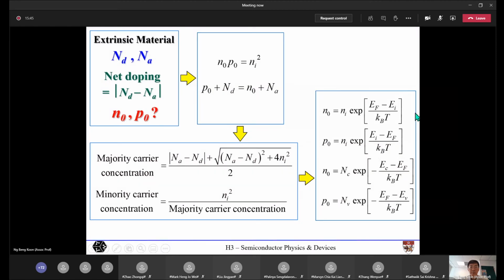So it depends on what quantity you have on hand. You choose the suitable set that uses the values that you know. If you know Ni, you will use the first set of equations. If you know the effective density of states of the semiconductor, you can use the second set. Either one you use, the solution for the Fermi level is essentially the same.